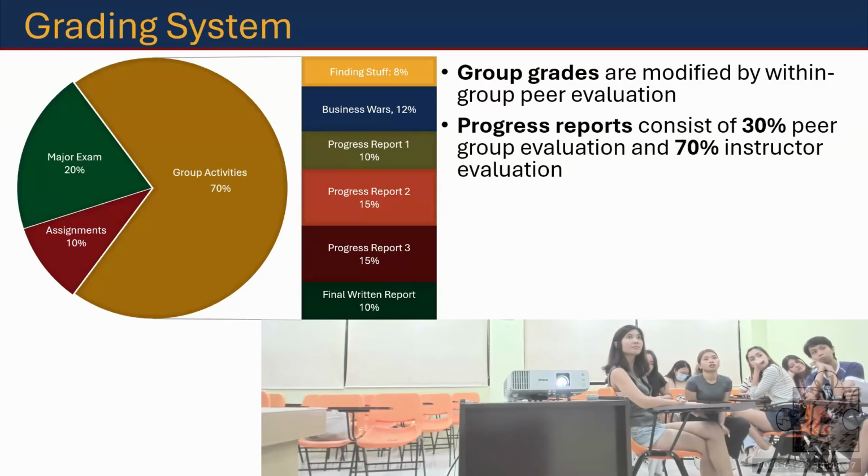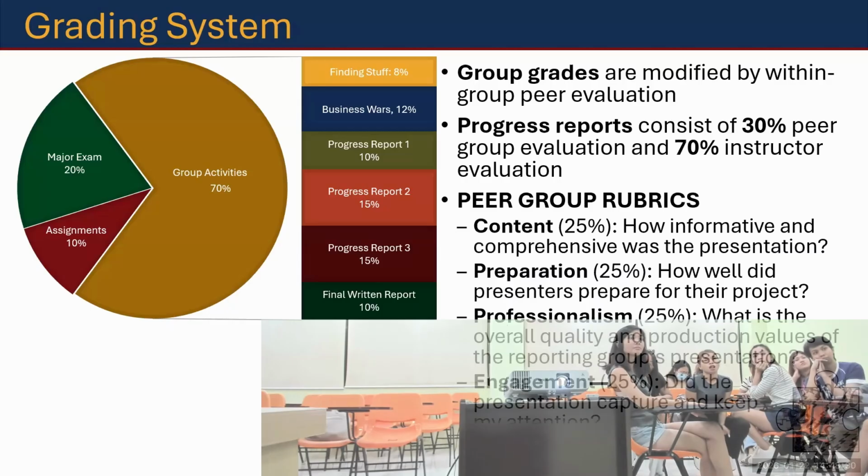Progress reports consist of 30% peer group evaluation, meaning the other groups will rate you, and then 70% me. When you rate the other groups, you will rate them on the following rubrics: content, cooperation, professionalism, and engagement.